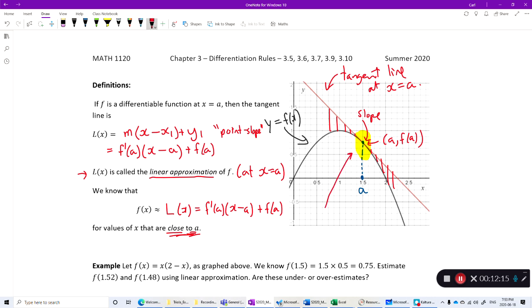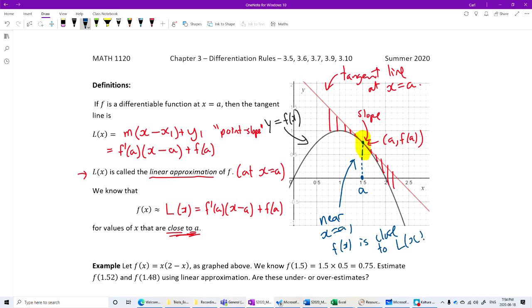So near x equals A, f of x is close to L of x. And you might ask, well, how close? How do I know it's close enough? Those are all good questions, but we're not ready to answer them yet.